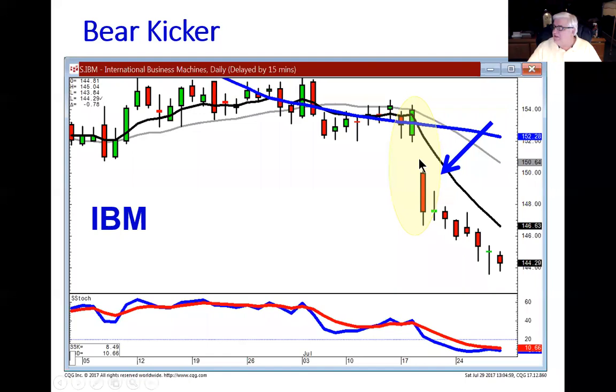And the force of that selling tells you there's still going to be a lot more downside. Seeing the signal tells you immediately you can start shorting because of what this signal represented.